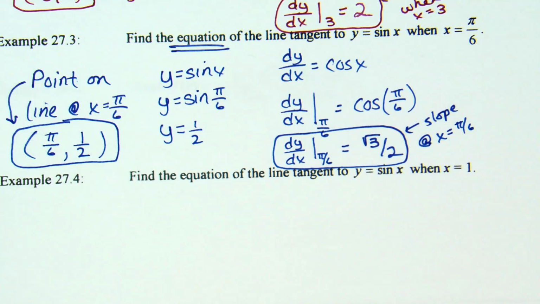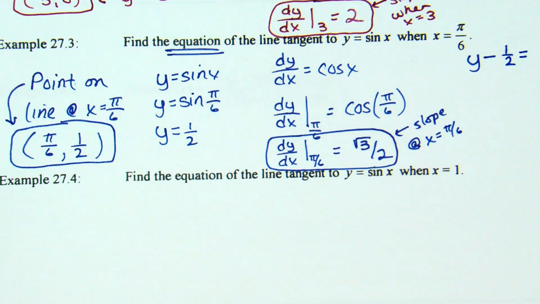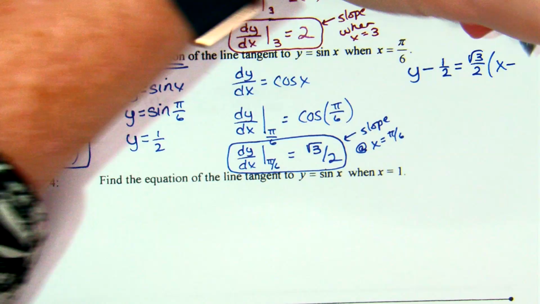Here we go. Y minus 1/2 equals square root of 3 over 2 times parentheses x minus pi over 6.